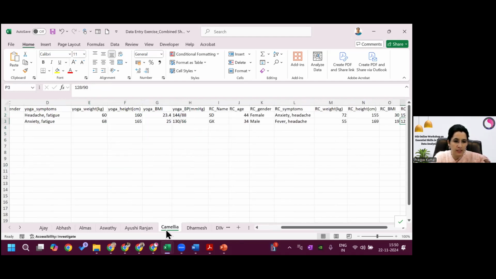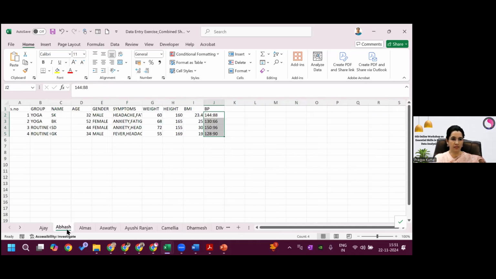Coming to Camellia, Camellia again entered yoga first, yoga 2, and then this R is the routine. It should have been one column where she should have written yoga and routine, the way I think Abhas has done it.